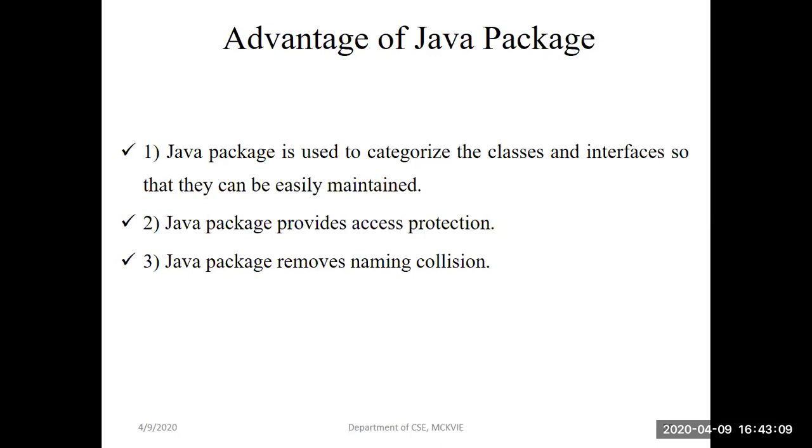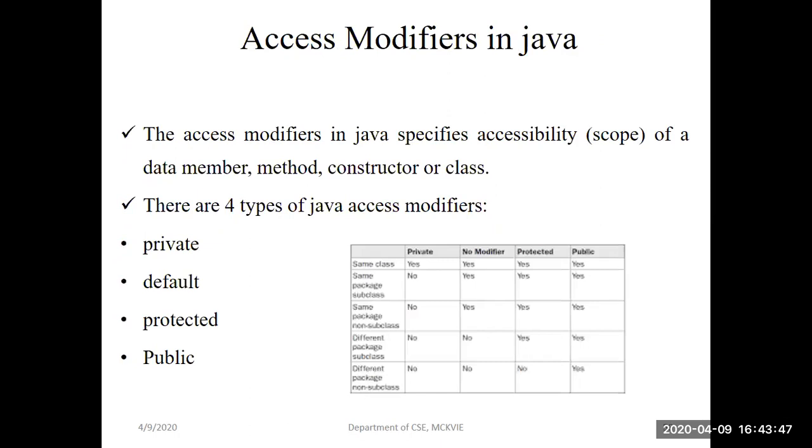So far we know in Java we have 4 types of access specifiers: public, private, protected, and default. Today we're going to learn the differences between these 4 types of access specifiers. And the third advantage of using Java packages is that it removes naming collision. So these are the advantages of using Java packages.